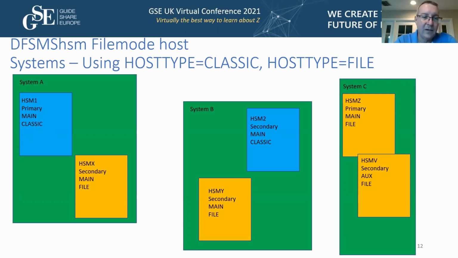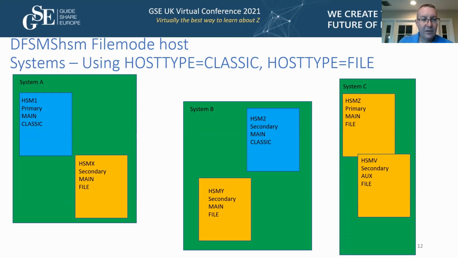And that really doesn't mean a lot. It just is saying that the existing HSM only does dataset level processing, and it will not have anything to do with Unix files if a request comes in for those. Mainly that's a backup request. The classic HSM will fail those and say, I don't do that. You need to go talk to the other HSM.